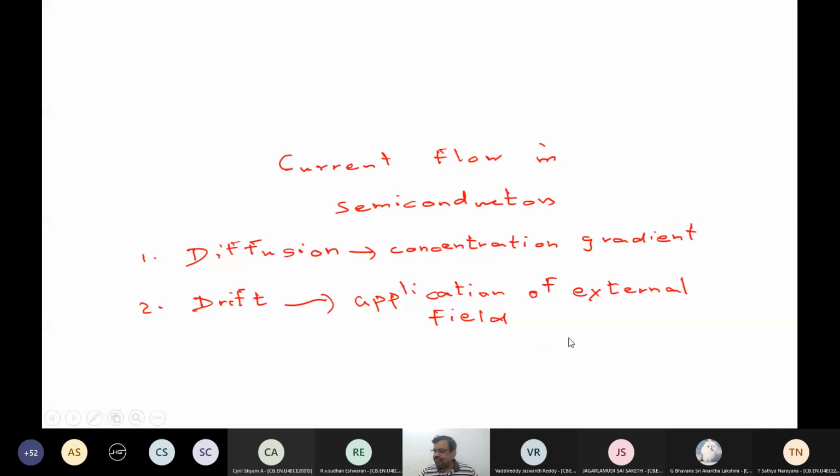Let us go to the diffusion mechanism and recall these expressions.